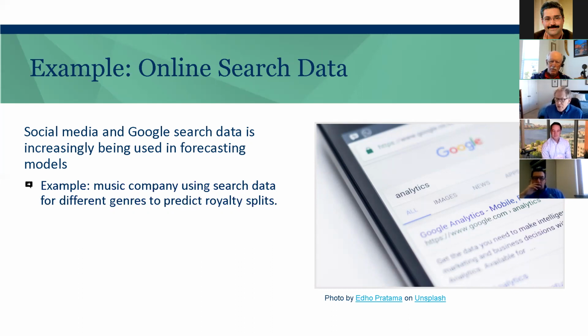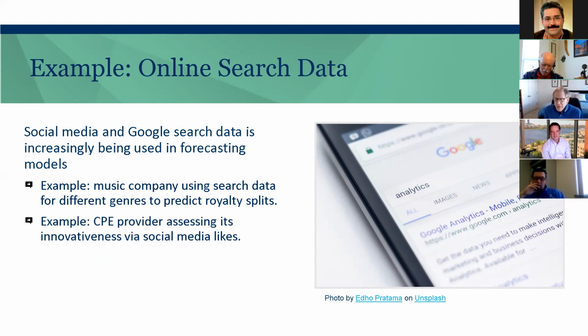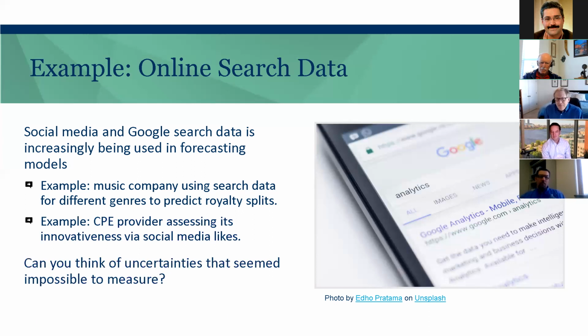One example is a music company using search data for different genres to predict which genres are going to be most in demand and predict the royalty splits. Another is a CPE provider assessing its innovativeness versus social media likes. Those are just some broad examples.